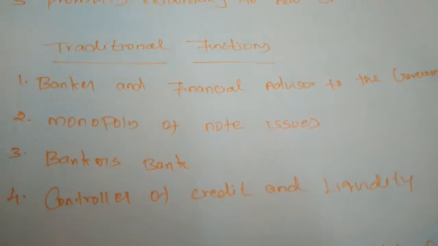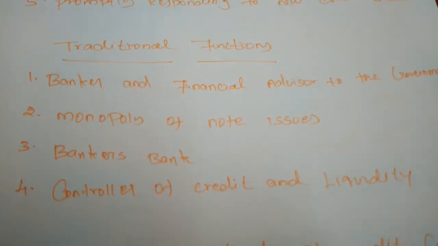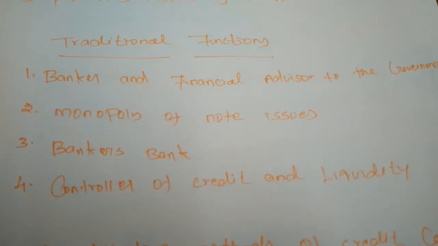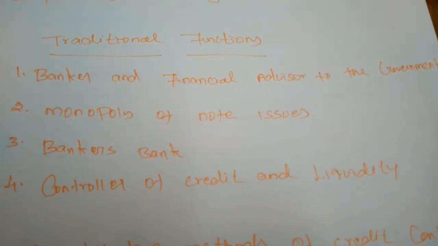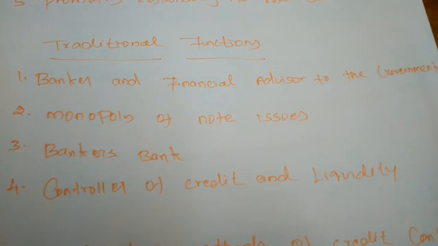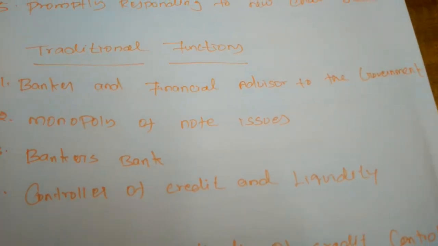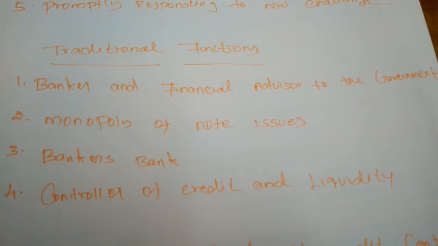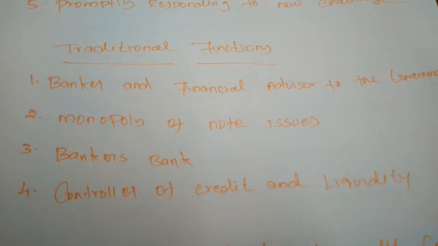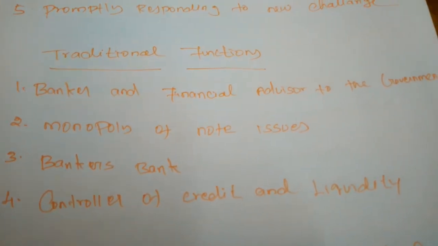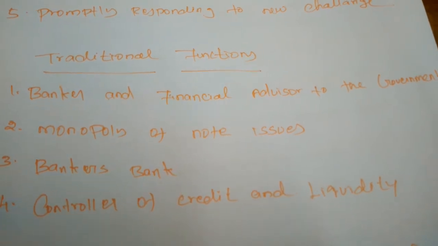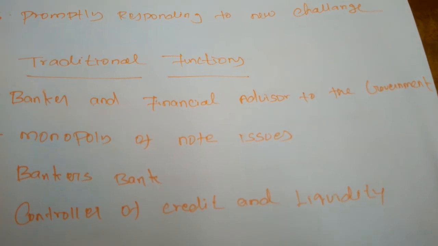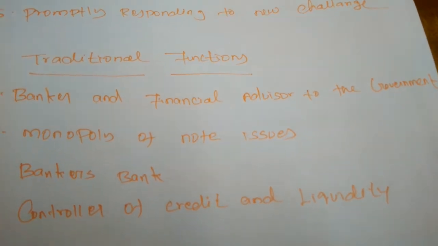Next, the traditional functions. In these traditional functions also, four types of activities are undertaken by the Reserve Bank of India. First, the banker and financial advisor to the government. On behalf of the government, the Reserve Bank of India acts as a banker. Normally, commercial banks deal with customers and individual persons.